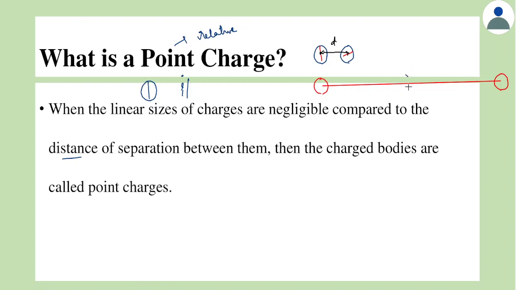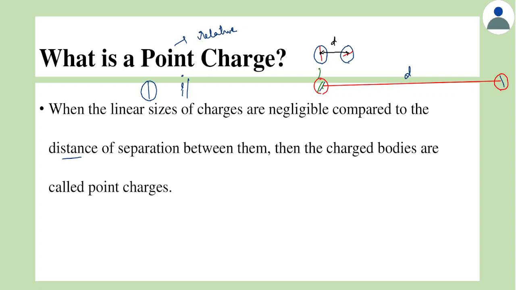So in this case, we find that the bodies' diameters are smaller. If the diameters are small compared with the distances involved, then we can assume that these are point charges.